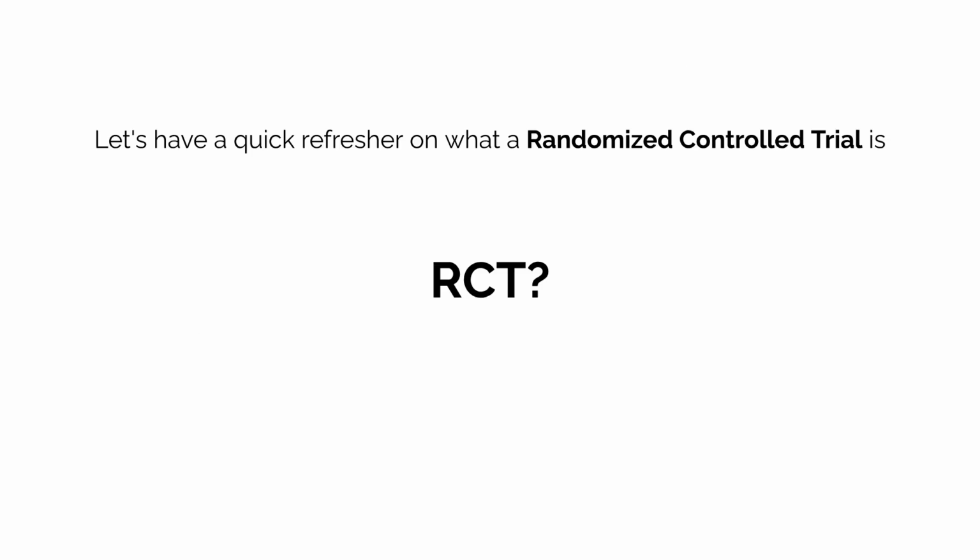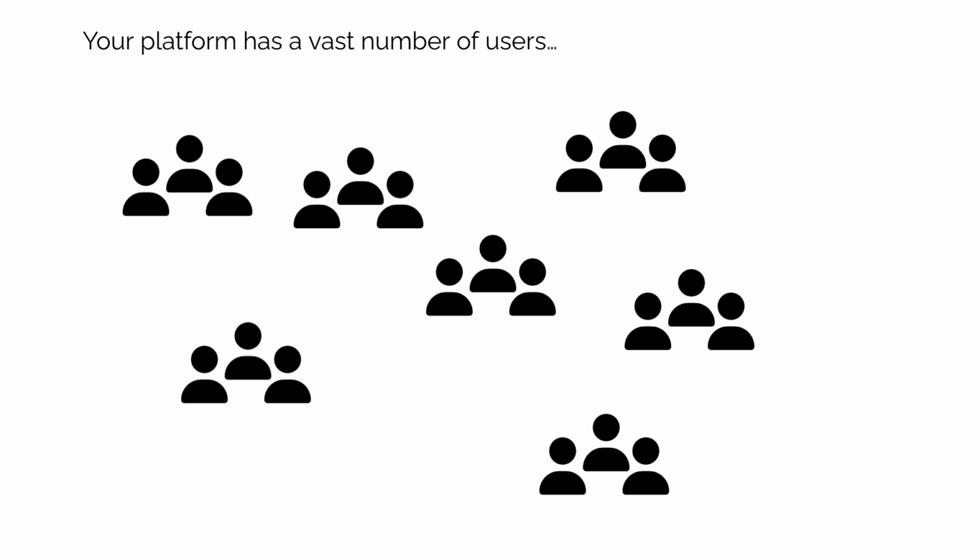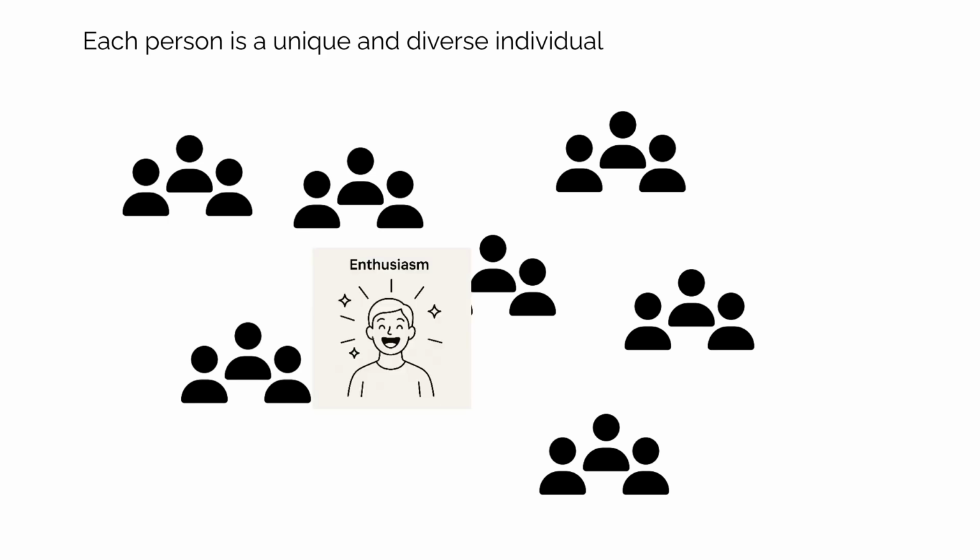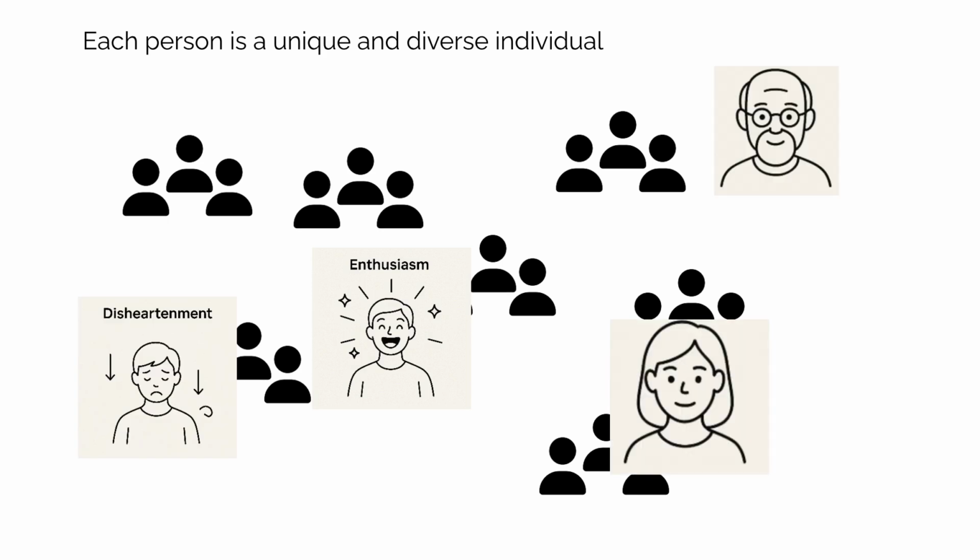So first, let's have a quick refresher on what a randomized controlled trial is. Imagine your platform has a vast number of users. Each person is a unique and diverse individual. There are enthusiastic users, users who have only registered, elderly users, and they differ in gender and nationality.